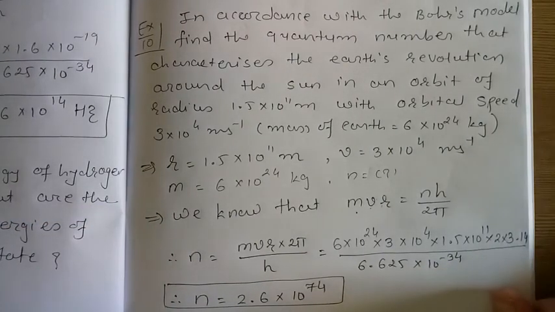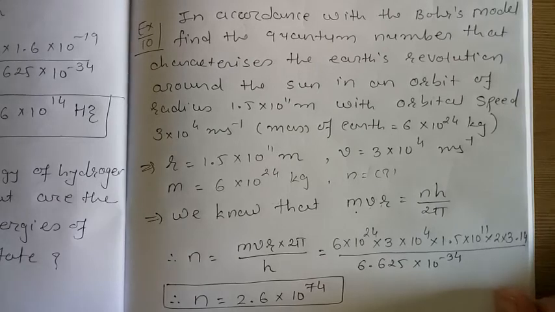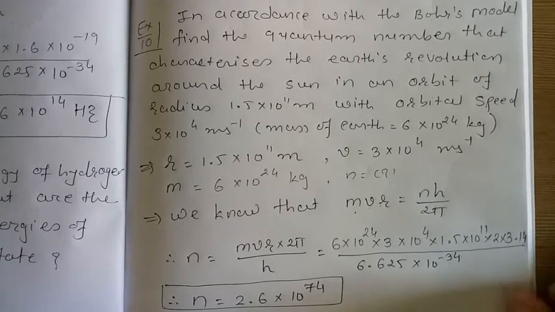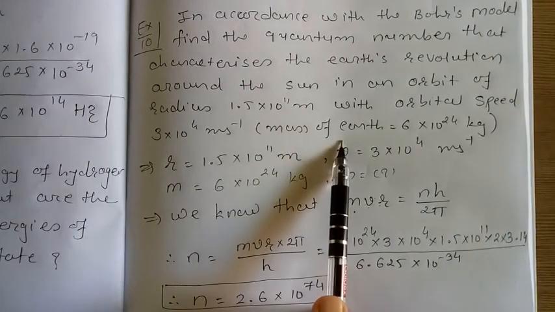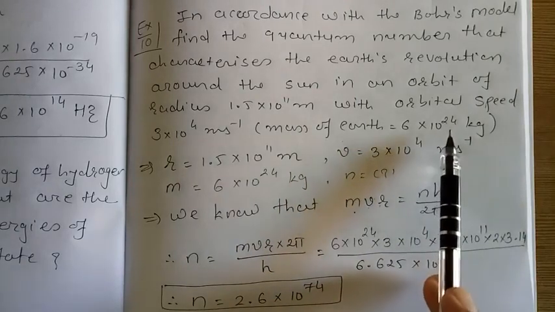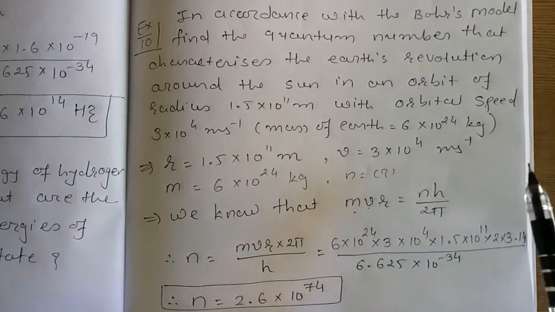Again, here in this example, we know the value of radius r is 1.5 into 10 raised to 11. We know the orbital speed v, 3 into 10 raised to 4. We know the mass of Earth m is 6 into 10 raised to 24 kilogram. So we know the value of mvr. We have to find out the quantum number n.